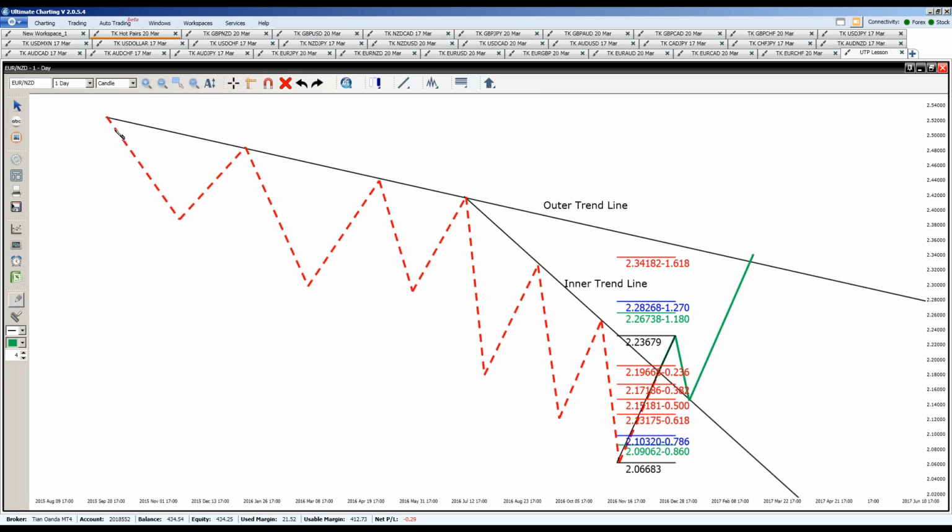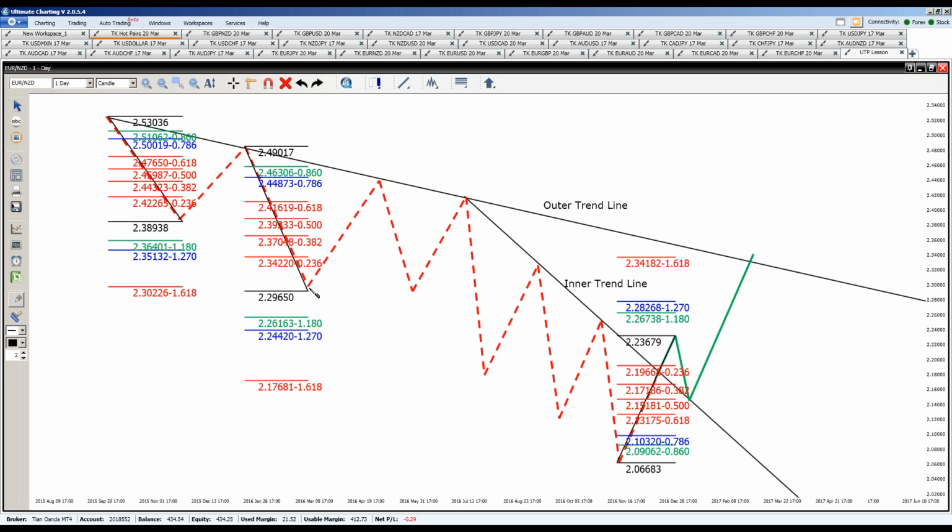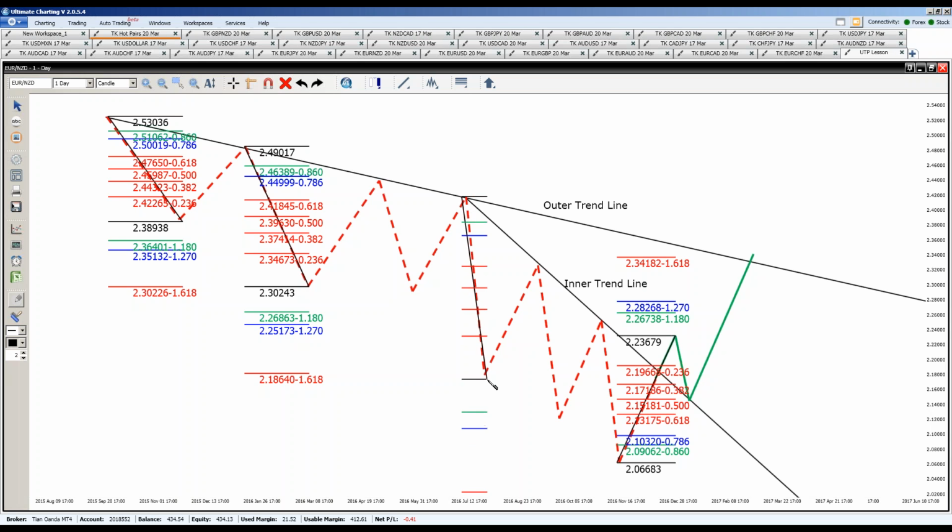Even though you still have down capital ABCDs, even though you still have a down capital AB boundary.